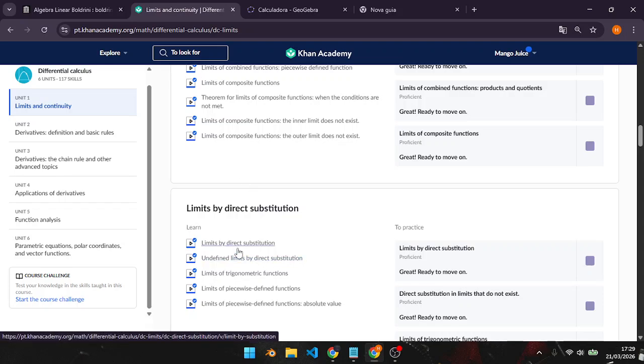This is basically like you have a function, let's say the limit of x minus 3 when x tends to 3. There's nothing that could possibly go wrong with that function.